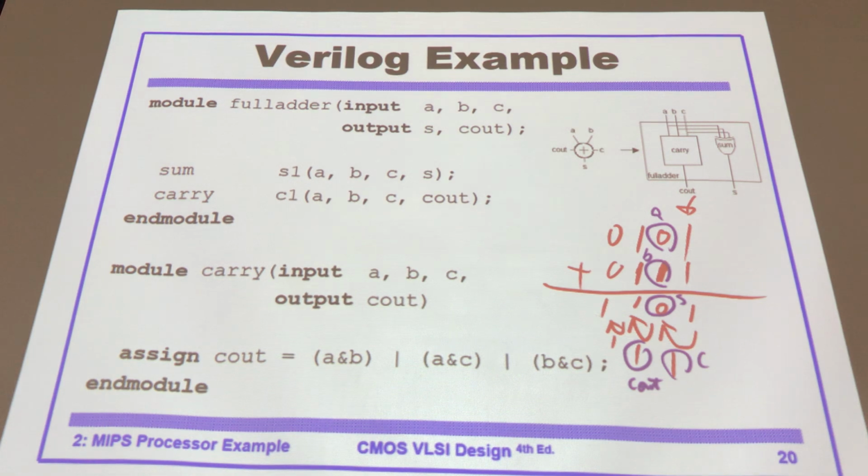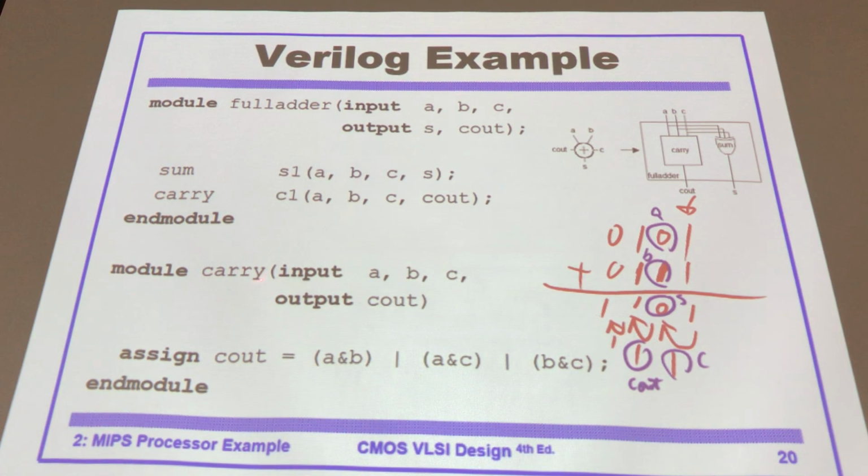So anyway, we can simply write down the Boolean function, and then you can write the code based on the Boolean function. Inside each module, you can have some modules, just like calling a function or procedure. Sum and carry.